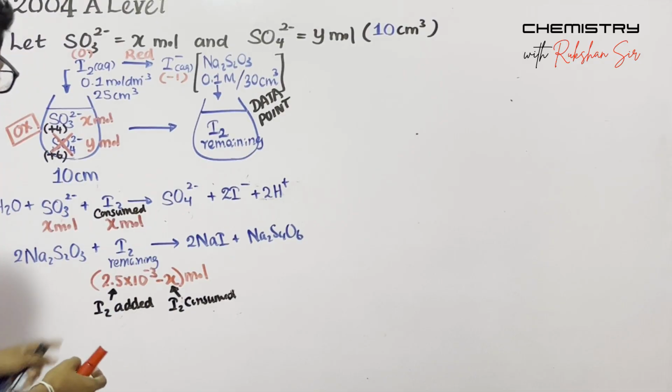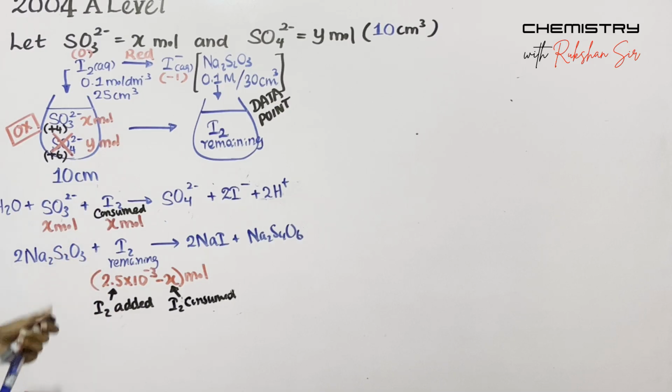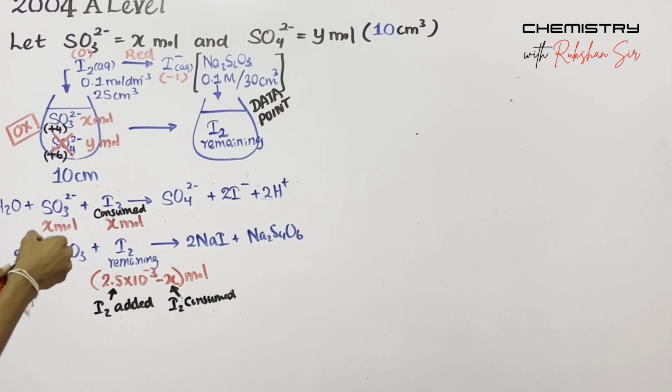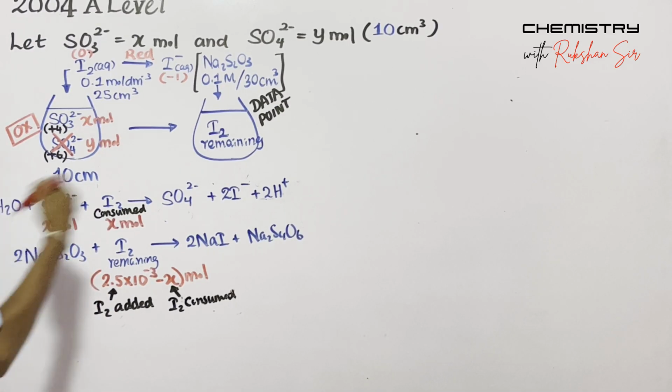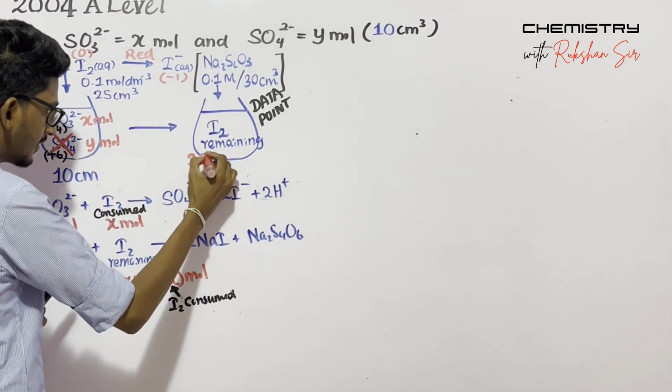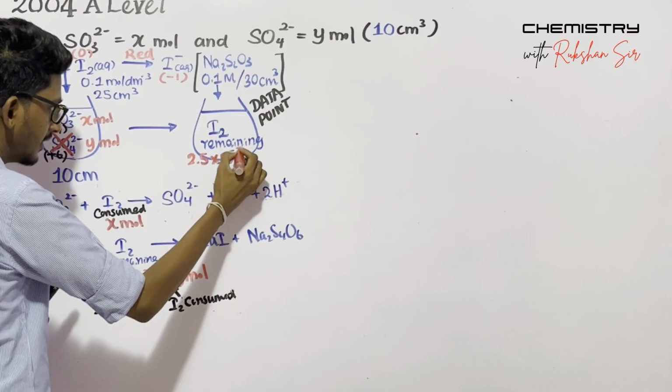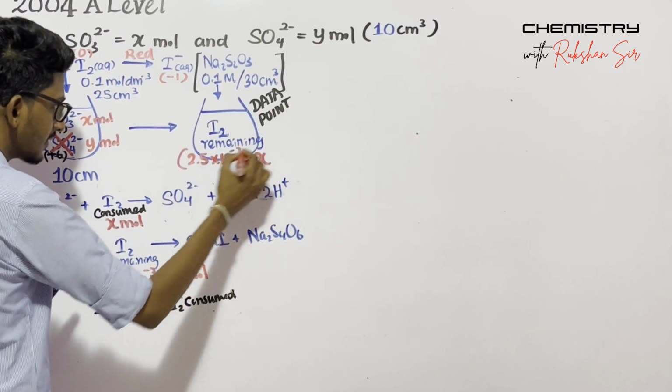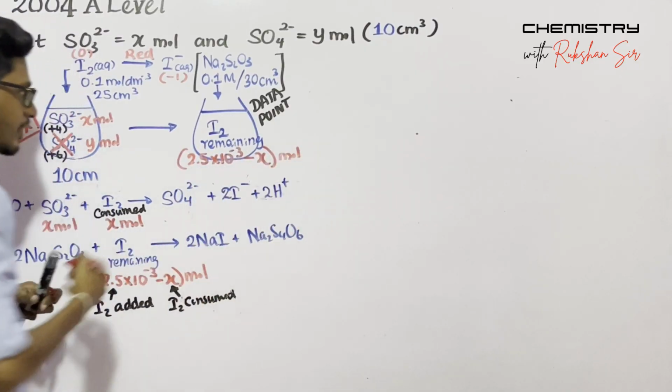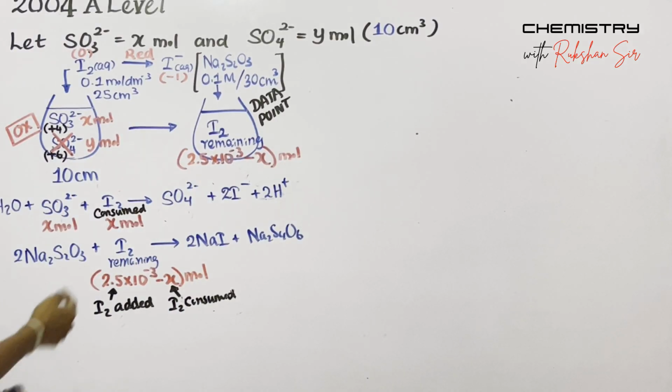Okay. So the I2 remaining is this amount. So the sodium thiosulfate should consume twice of that, as the I2 remaining amount is 2.5 into 10 to the power minus 3 minus x. So the thiosulfate amount should be twice of that.